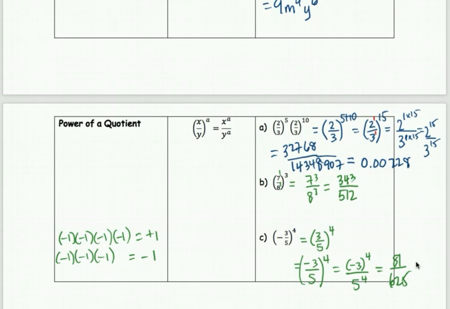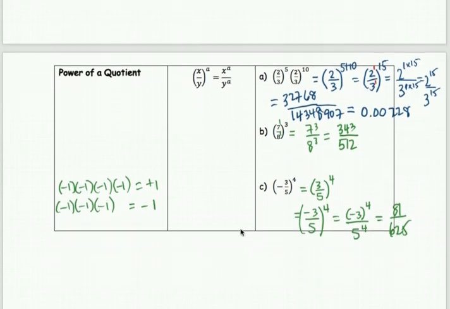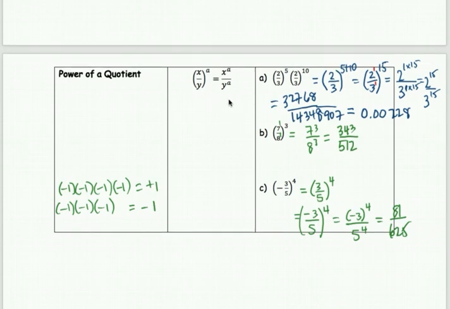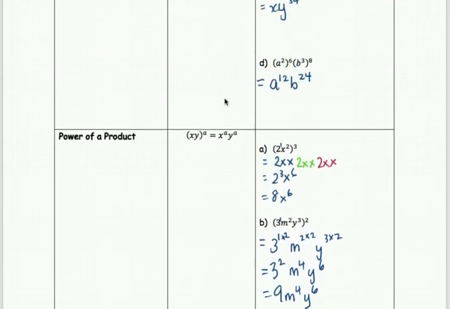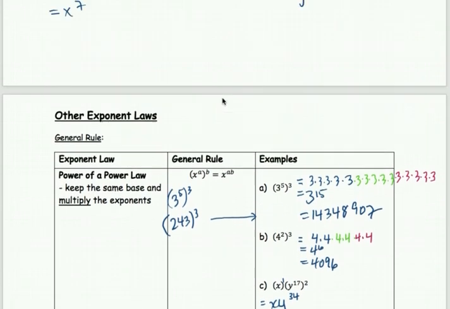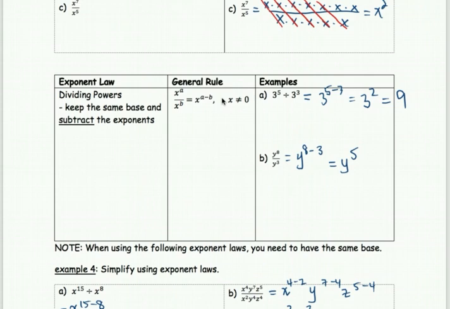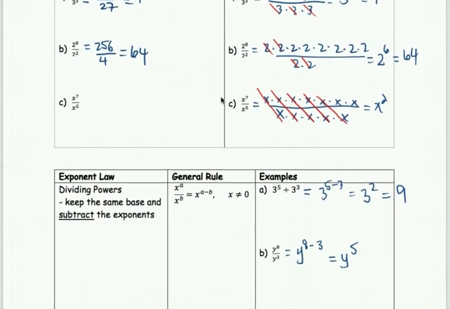No, okay. So that is the power of the quotient. The main thing is you want to be able to simplify by multiplying that exponent in. So that ends our review of what you should have picked up last year. If you're having a hard time remembering, review this and try the examples again.